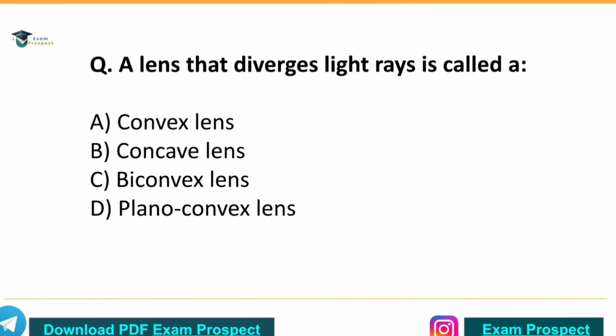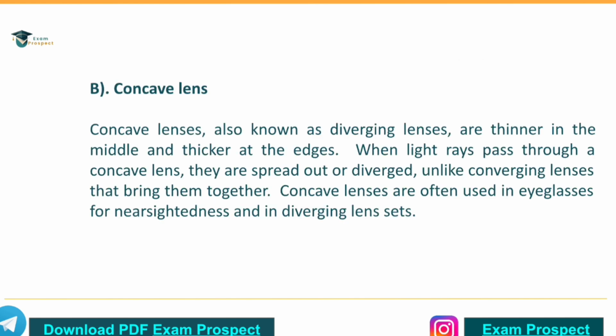Next question, a lens that diverges light rays is called a? Correct answer is option B, concave lens.